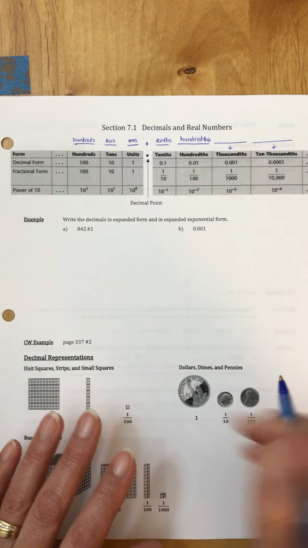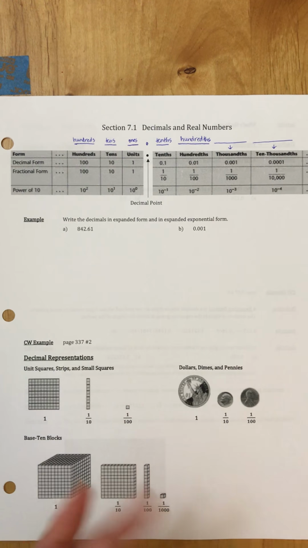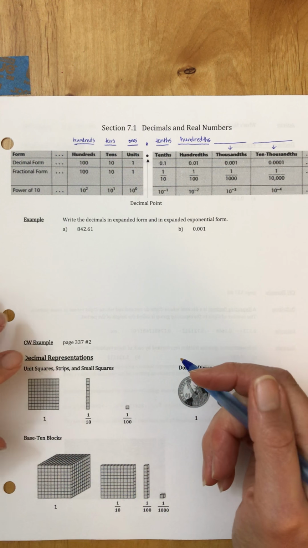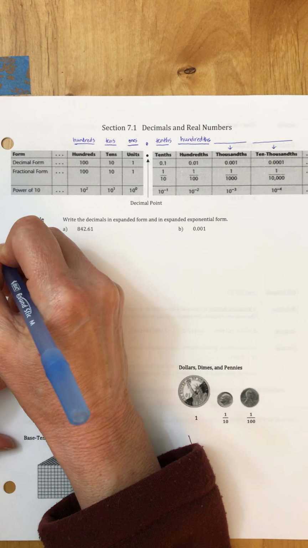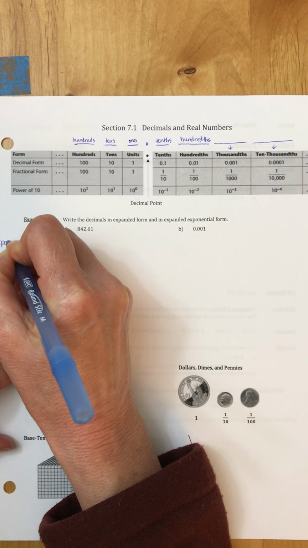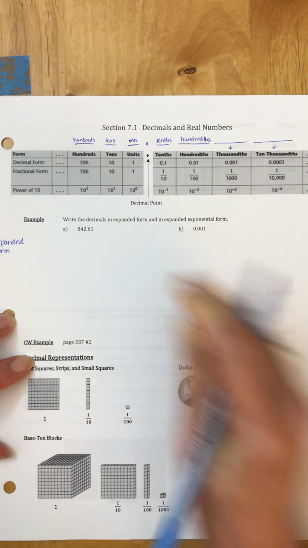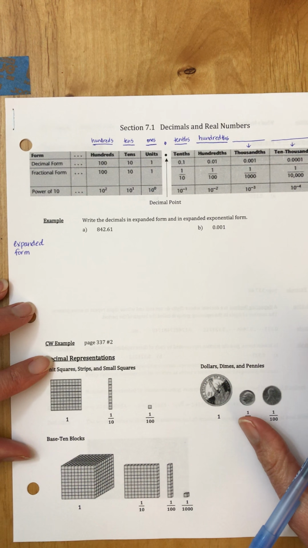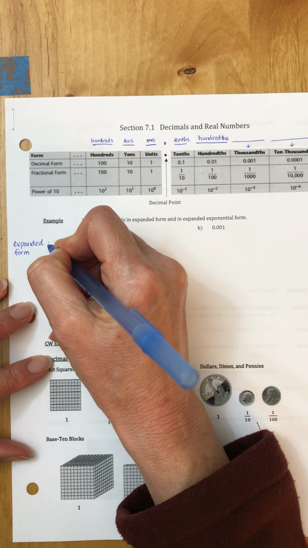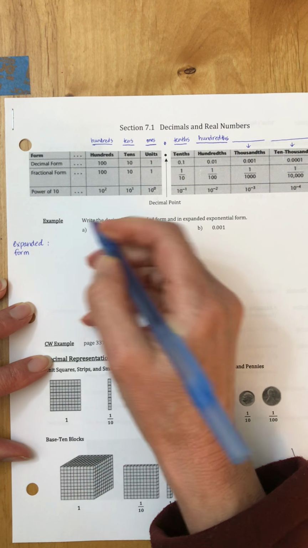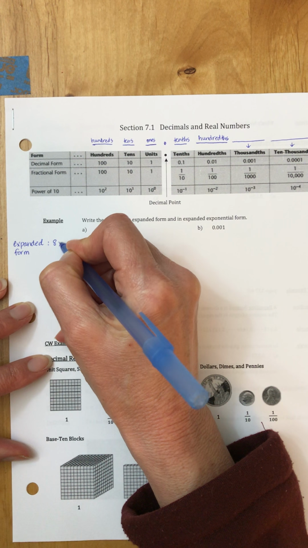Okay, so this first problem here, they want us to rewrite this number in expanded form and its expanded exponential form. So first, we're going to give the expanded form. Okay, expanded form. So we're going to say we have 8 times what?